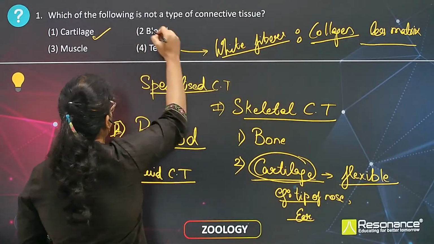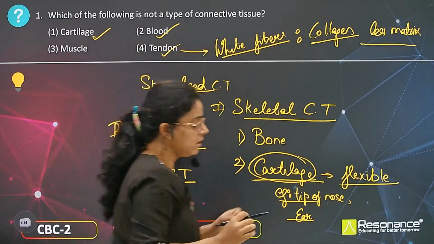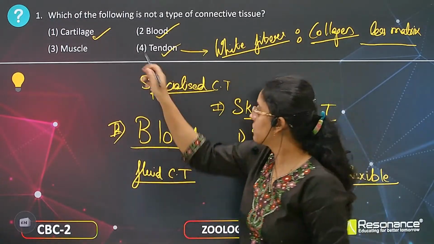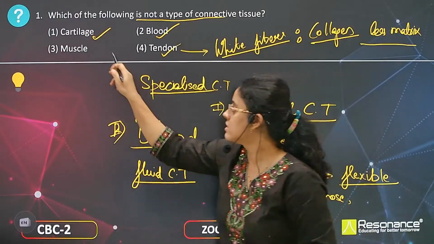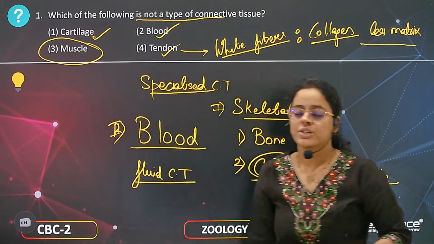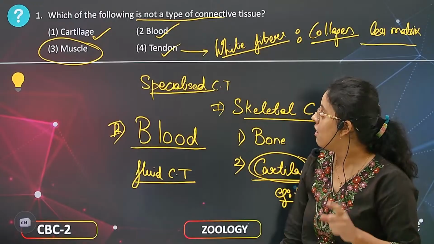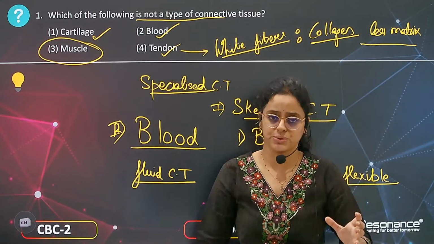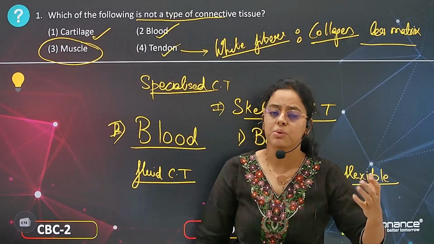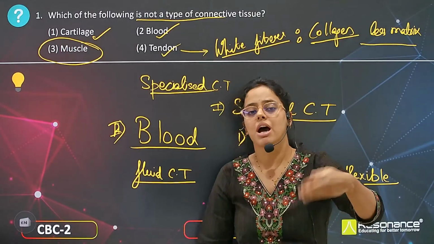Now cartilage, blood and tendon, all three are connective tissue, and the question asks which is not a type of connective tissue, so the answer is going to be muscle. Muscle is not a connective tissue. Muscle has a different function; it is an animal tissue that we are going to discuss in our next class.